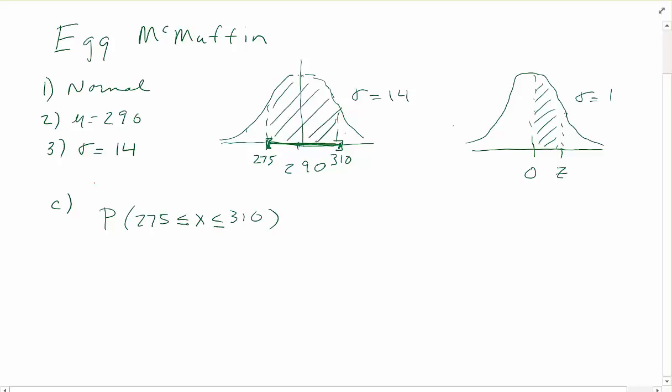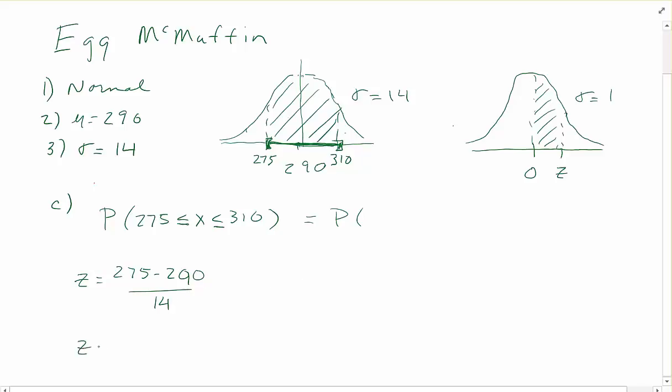above the interval. So in this case, I want to translate to standard normal so that I can go to my table and get these values. Now to do that, I need two z-scores. I've got two endpoints here. So let's find the z-value for 275. Again, how far is that from the average in standard deviation units?